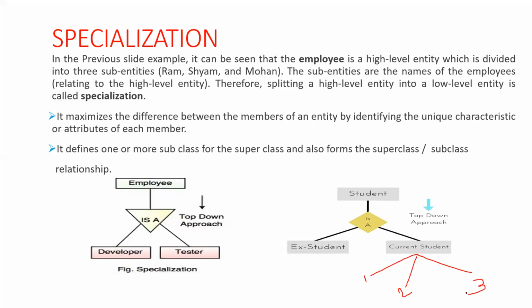If you want, you can break down further, for CSC, whether he is a first year, second year, third year, or final year student. Like this, you can break down the entity into multiple entities. While breaking down, the entities need to be represented in the database schema, so more memory space is required. So this is another example of specialization.